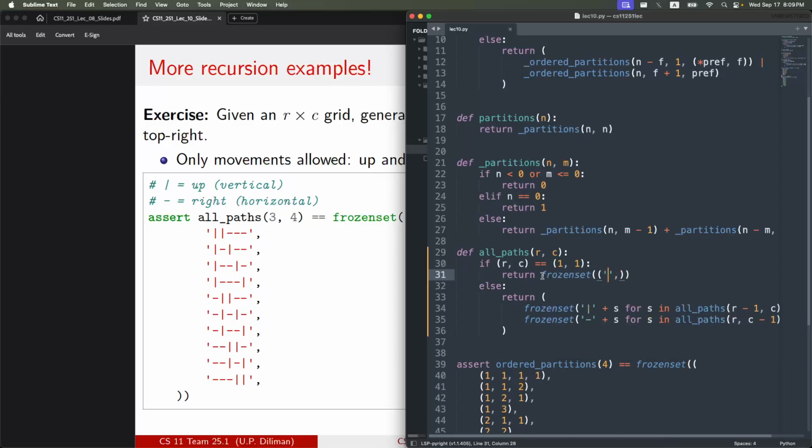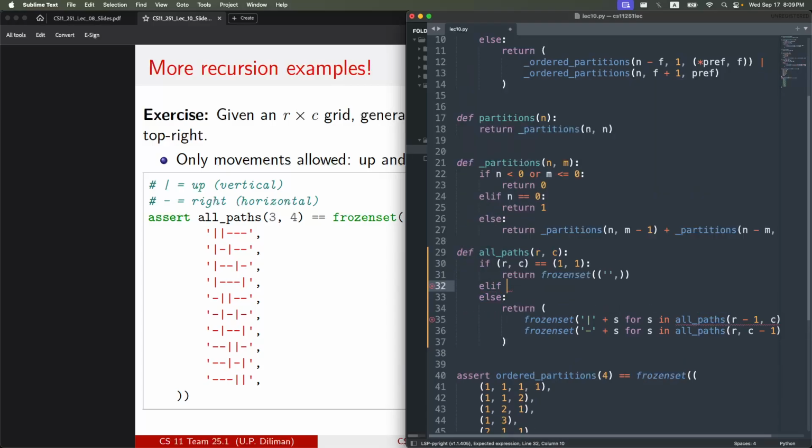So the answer for all paths would be a frozen set containing only this string. Okay, that seems correct. There's only one path from the bottom left to the top right for a grid with one row and one column. And that path is the empty path, right?